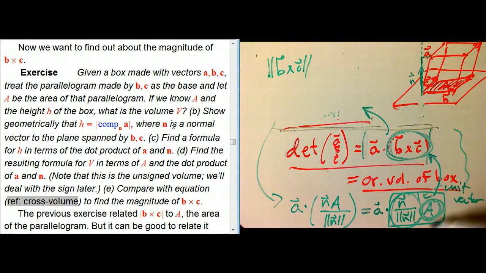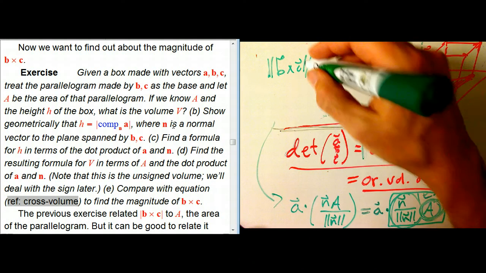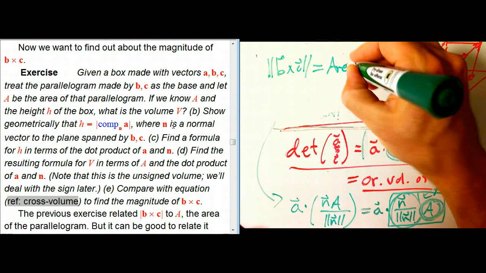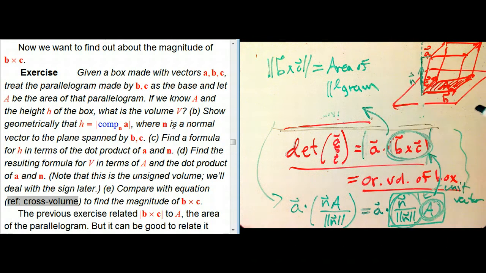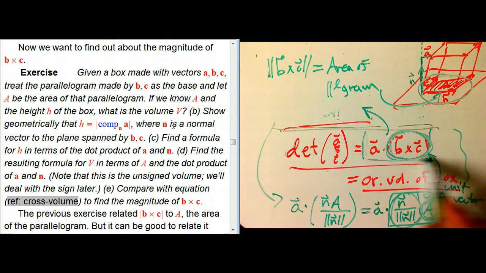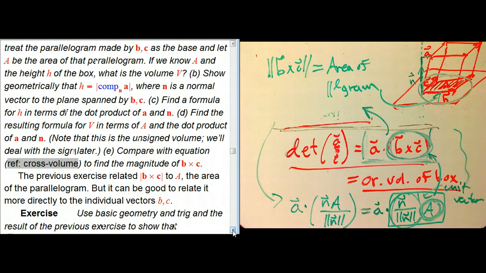This gives the magnitude as the base. And we know it has to have the same magnitude. So it's just the area of that parallelogram spanned by B and C. That's another fundamental fact about the cross product. And it comes from a very basic issue of how you find the volume as base times height, and the fact that that matches up when we look at dot products and components. So that's this exercise.